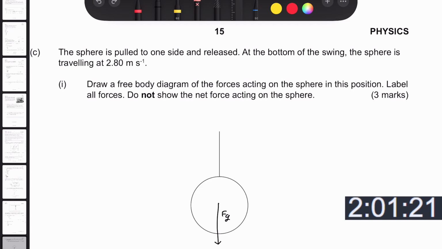The sphere is traveling at 2.8 meters per second. Does it need to be equal height? Probably not.